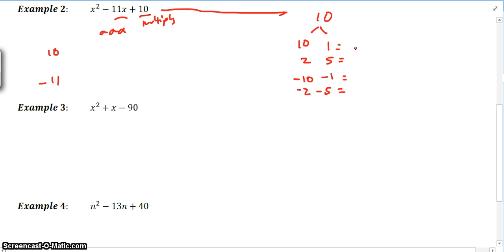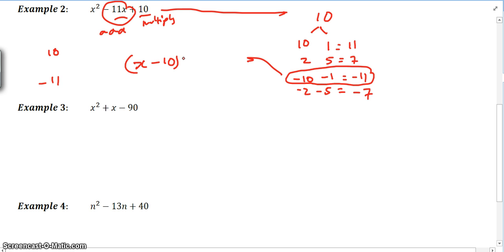Now I'm going to have a look at which one gives me minus 11. 10 and 1 gives me 11. 2 and 5 gives me 7. Minus 10 and minus 1 gives me minus 11. And minus 2 and minus 5 gives me minus 7. So which one gives me minus 11? This one right here. So the way this reduces to the brackets would be x minus 10, x minus 1.